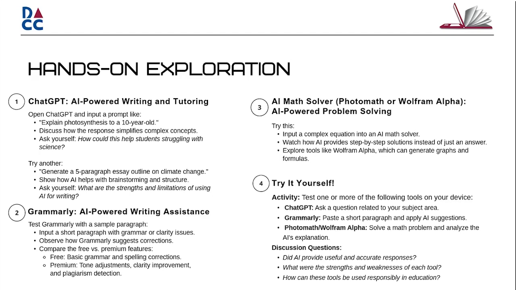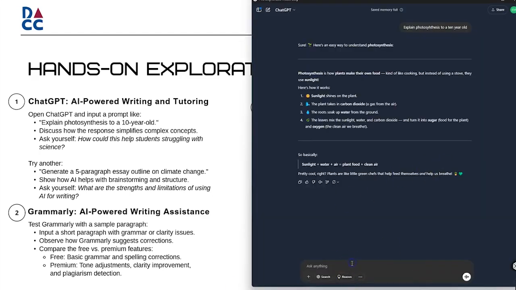So what I'm going to do is I'm actually going to use ChatGPT to help me out with creating this complex equation. So let's go ahead and start with ChatGPT, and I'm going to tell it to give me a complex calculus equation or problem, I'm sorry.